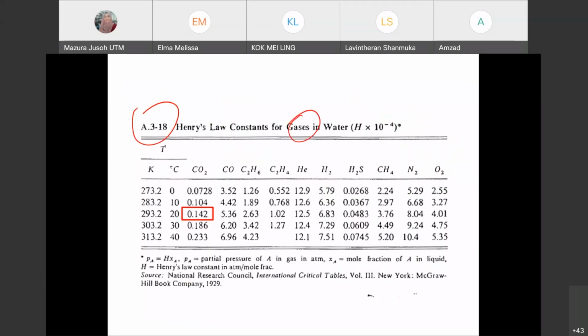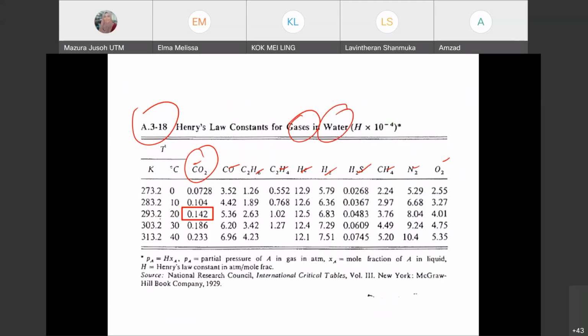A lot of types of gases here. A few gases, 1, 2, 3, 4, 5, 6, 7, 8, 9, 10 are listed here. What we want to see is CO2, to absorb carbon dioxide in H2O, in water.